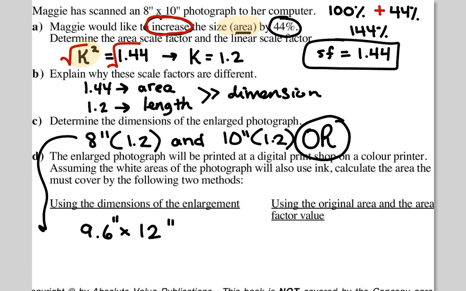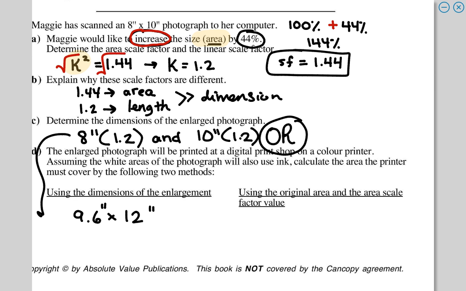Or you can take the area. What's the area? Area of the original. It's an 8 by 10 photograph, 8 on the length, 10 on the width. 8 by 10 is 80.